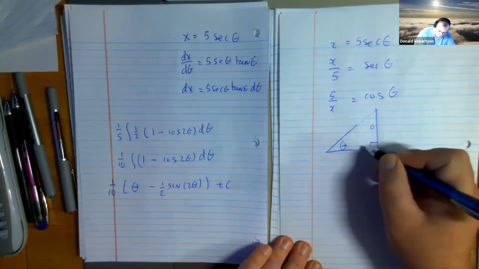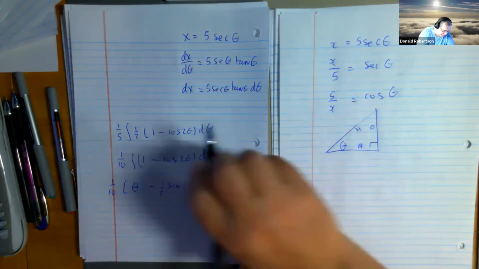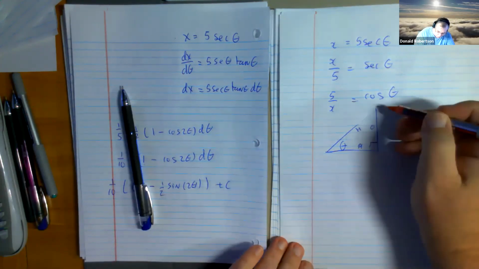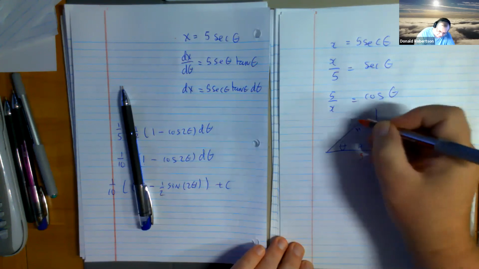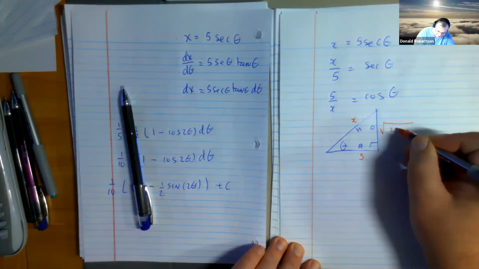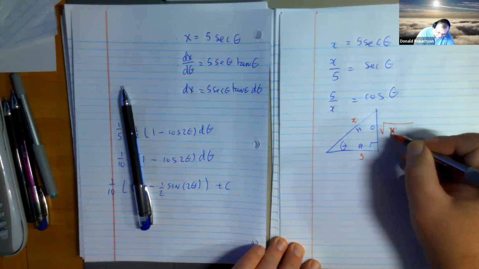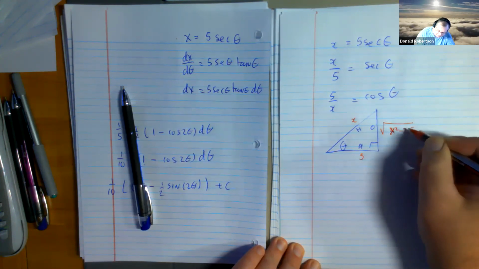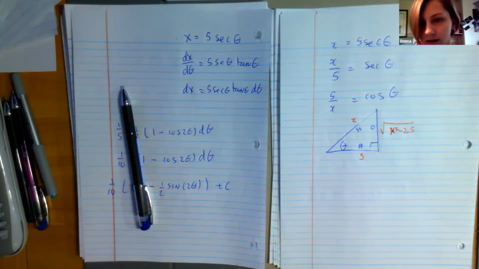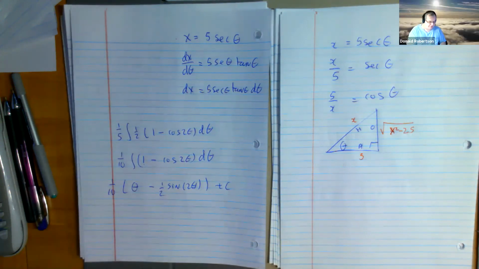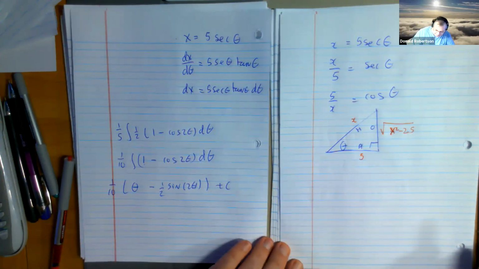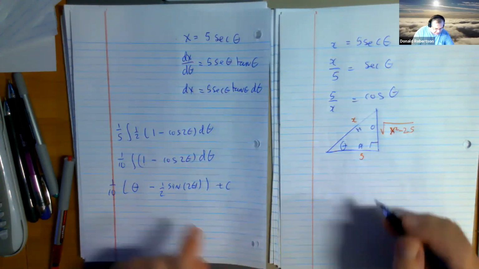I'm going to have an opposite and adjacent and hypotenuse. And in this world, a cosine is adjacent over hypotenuse, which makes this guy x squared take away 25. Why is that a good sign? Because we started out with that at the top. So we know we've done the right thing. Now I need to get a theta.